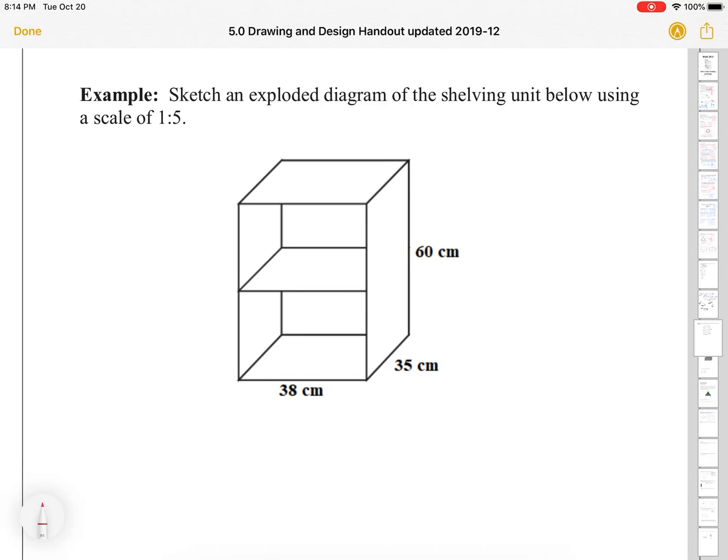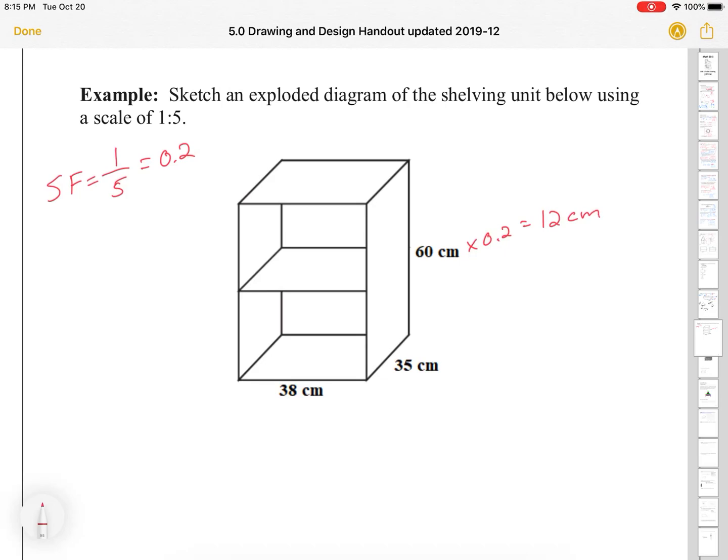So the scale factor is 1 over 5, right? 1 divided by 5, I believe it's 0.2, but I would rather be sure. Yep, it's 0.2. So let's figure out our measurements. So this would be times 0.2. 60 times 0.2 is 12 centimeters.